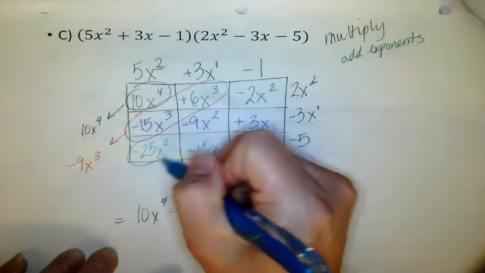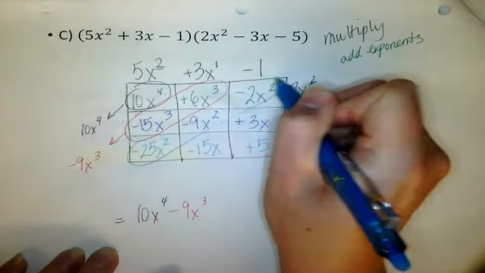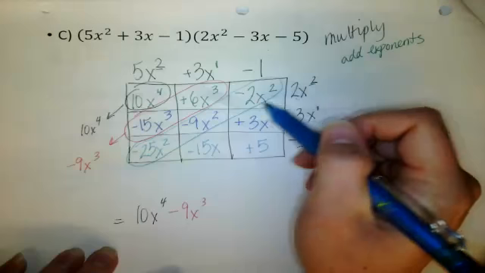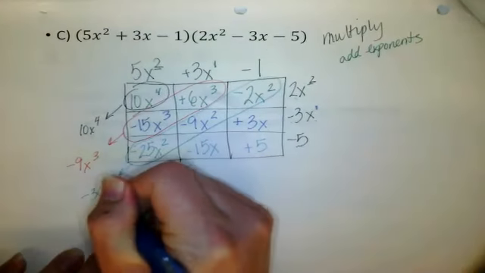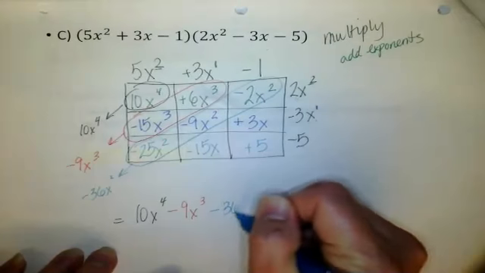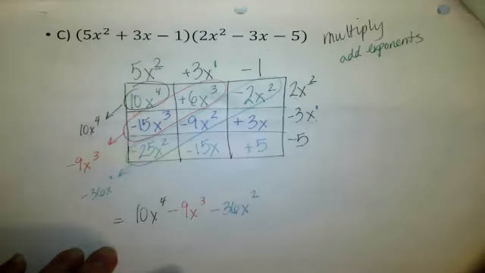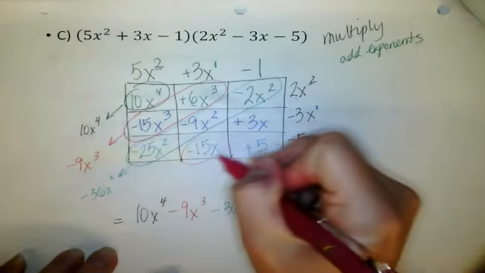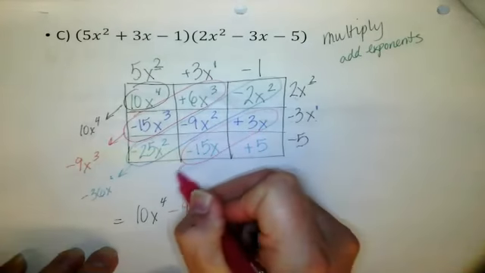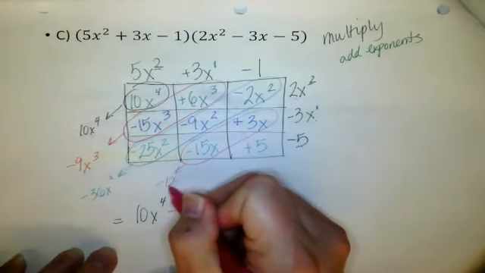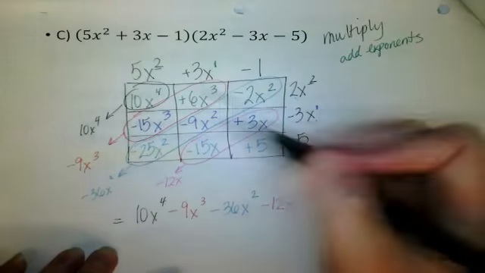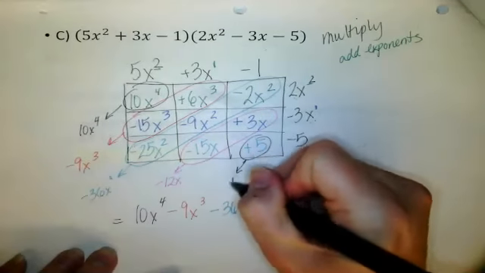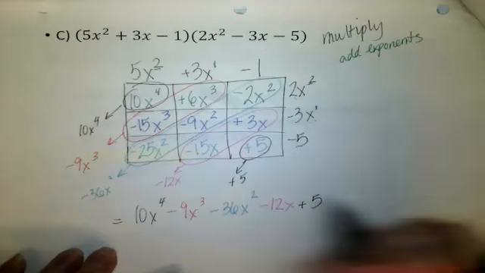We have negative 25x squared, negative 9x squared, and a negative 2x squared, which is going to give us negative 36x squared. We have negative 15x and a positive 3x, which is negative 12x. And then the very last one, the constant plus 5 is all by itself.